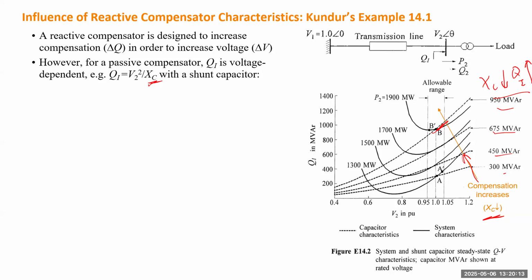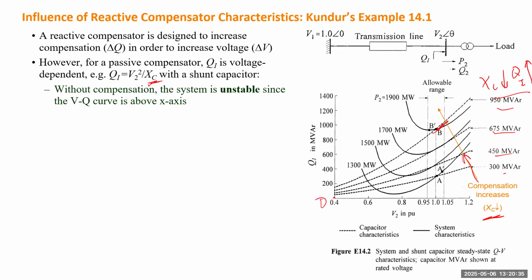All right. So then there will be a question. If there's no compensation, the current system must be unstable. Why? Because you see here, all the VQ curve is actually above zero. Here is the zero. Zero means there's no injection.